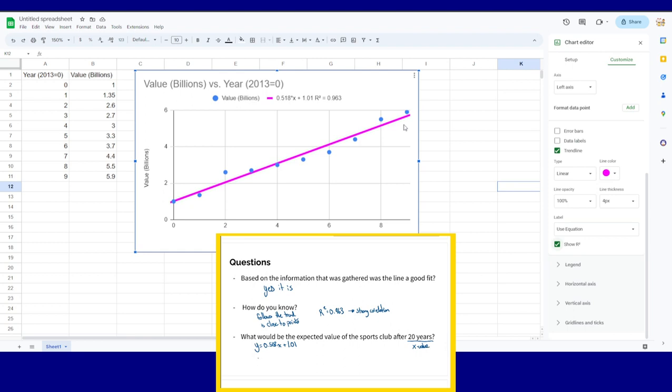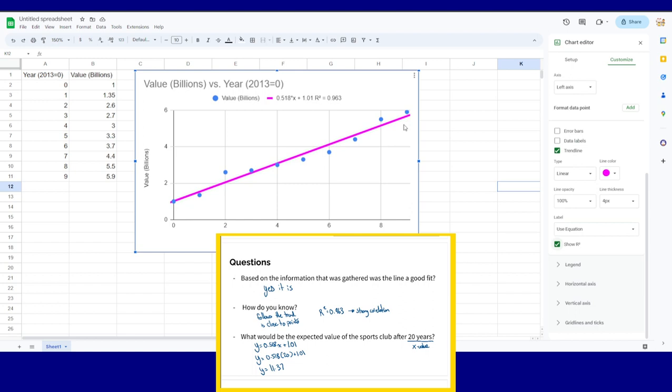I can use this equation, I can use that line of best fit, and say y equals 0.518 times 20 plus 1.01. And when we go through and calculate, we get a value of 11.37.